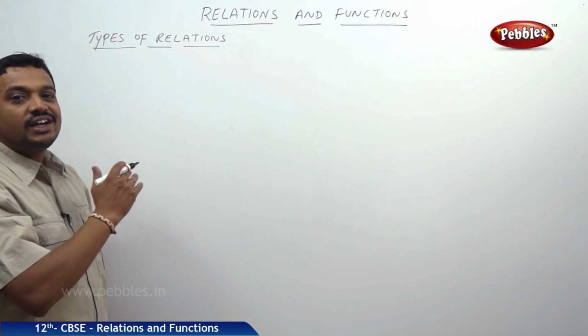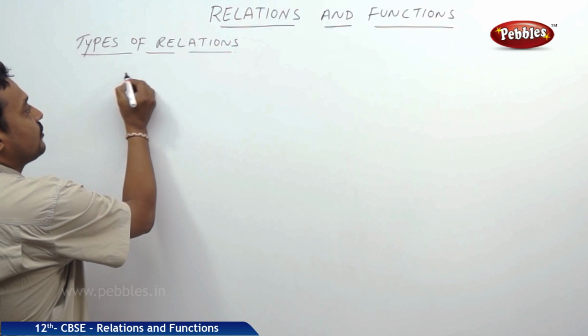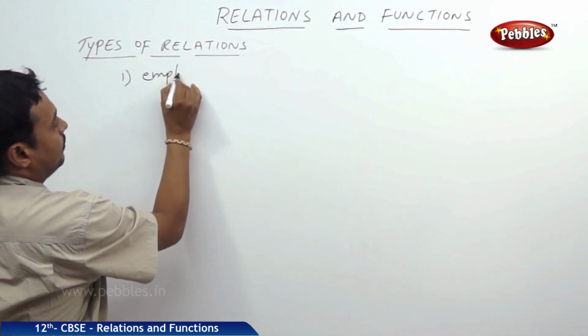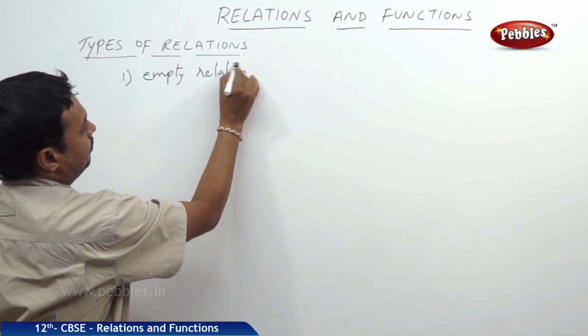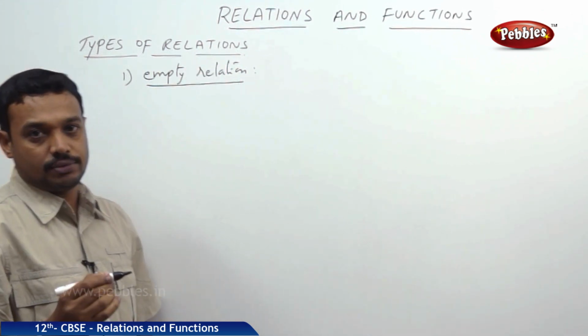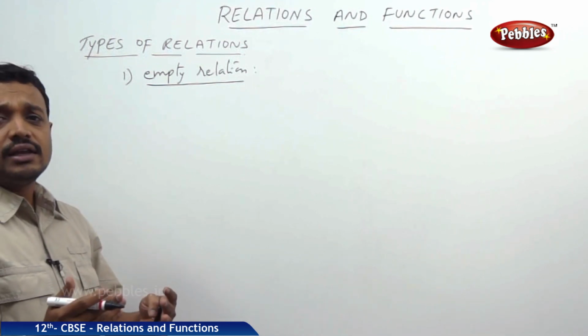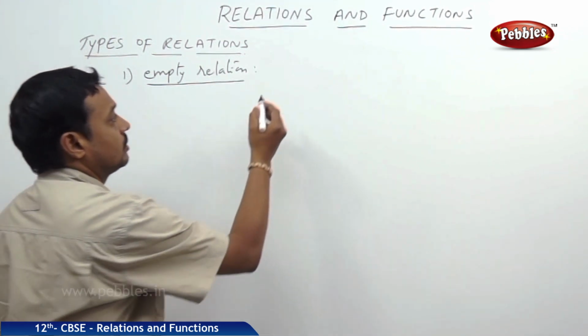Now, there are different types of relations, out of which the first one is the empty relation. What is an empty relation? A relation that does not contain any ordered pair is known as an empty relation.